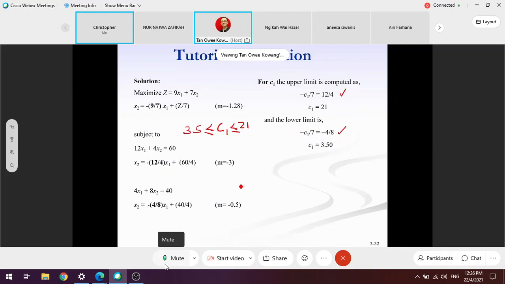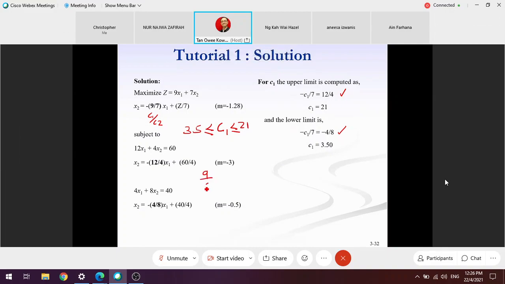So for C2, because again C1, C2, I want to find C2, I fix C1. So I have 9 C2 equal to 12.4. So I can find C2. Here I can have 9 C2, yes, 8. 9 C2 equal to 4.8. Then I can identify another C2.